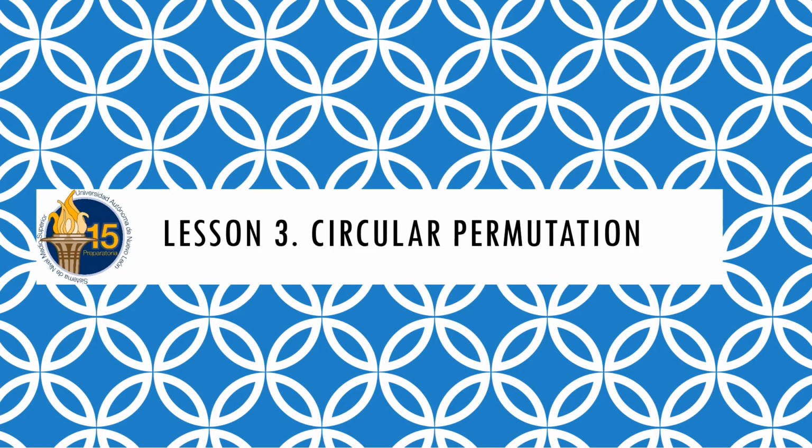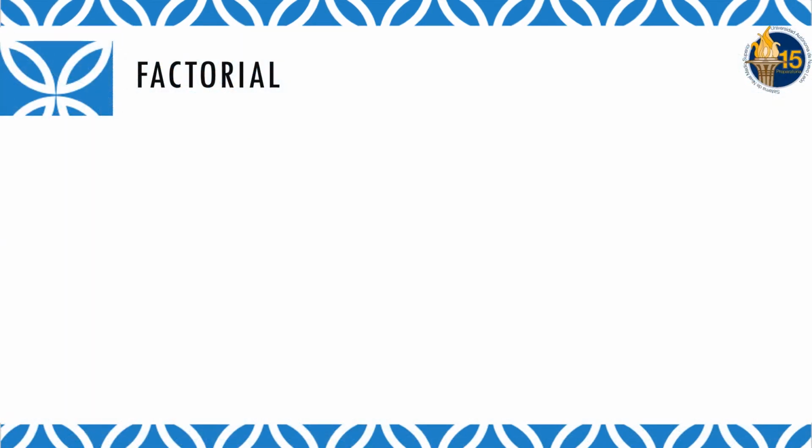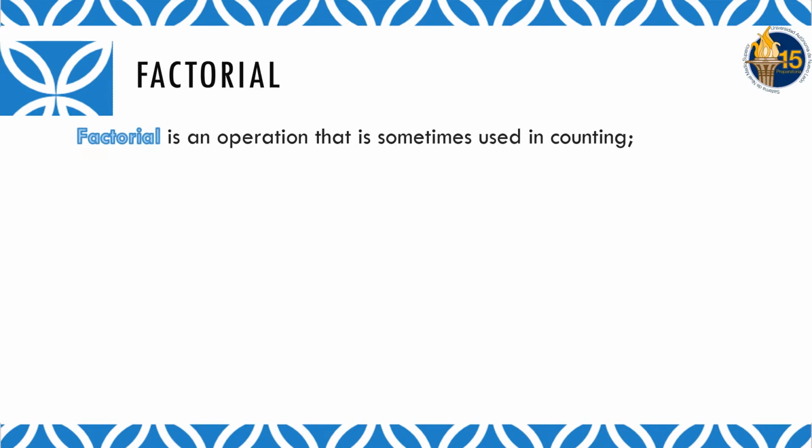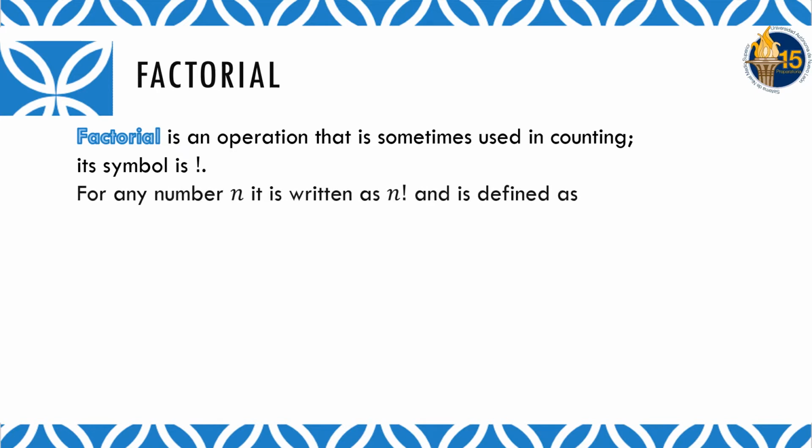Lesson number 3. Circular permutation. Factorial is an operation that is sometimes used in counting. Its symbol is an exclamation mark. For any number n, it is written as n factorial and is defined as n factorial is equal to n times n minus 1 times n minus 2 and so on until you get to 1.